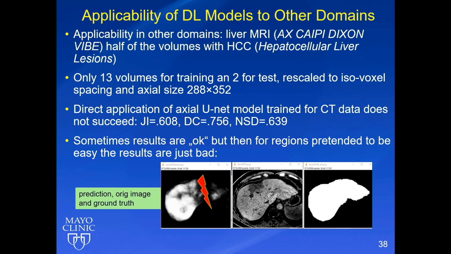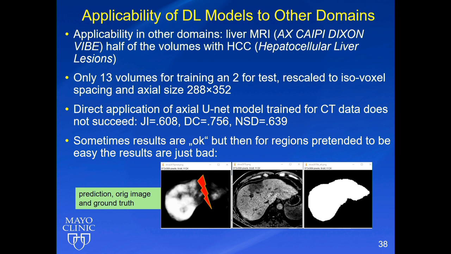If you get a segmentation outcome where there are large parts missing, that is not something you can use in clinical practice. It's interesting that this region where there is a discrepancy in intensity is perfectly handled by the CT models. Also this very vessel area and the very easy section there is totally missing.